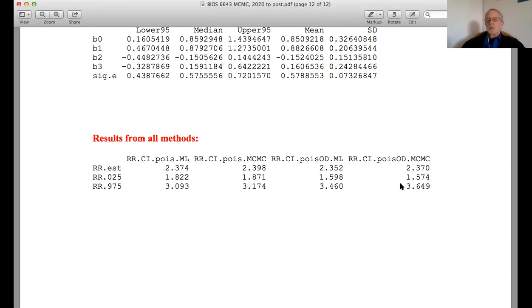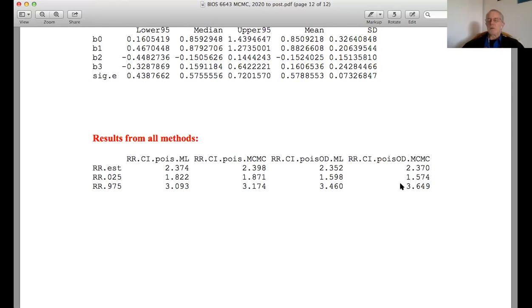Usually what I see is that the intervals for MCMC are a little bit wider than maximum likelihood in cases where I can use both methods. And the reason for that is that the MCMC is able to take into account the variability in the estimate of the variance parameters, and take that variability into account in the estimates of the betas. It's not possible to do that with maximum likelihood.